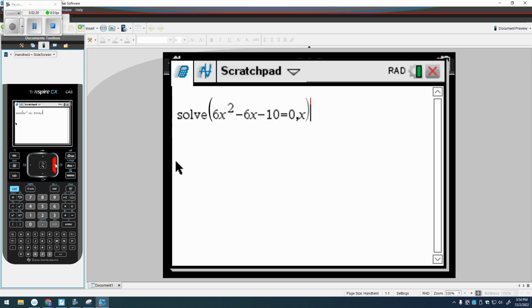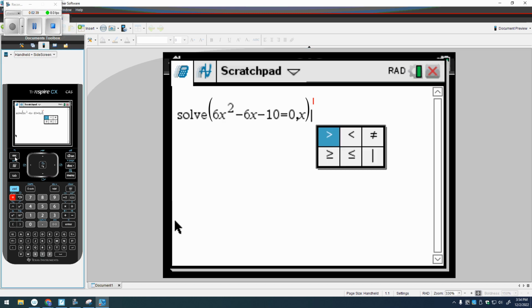Remember how we did that before? Such that. So I'm looking at this, and I want to go back to my equal sign. Oh no, sorry, don't want that yet.